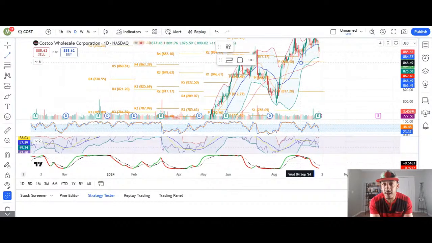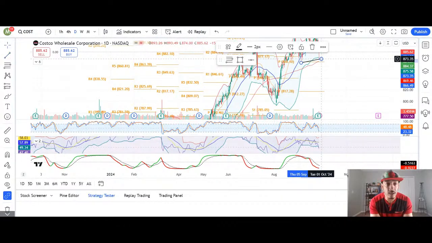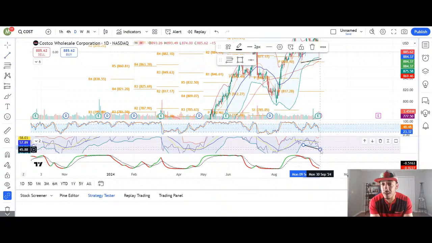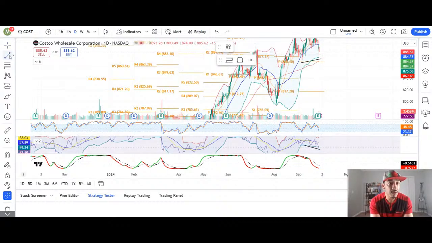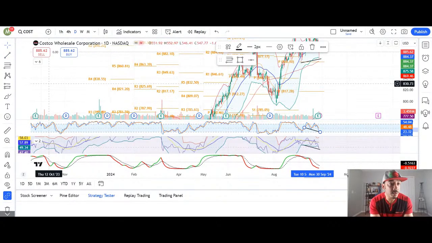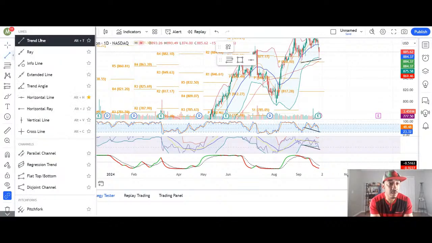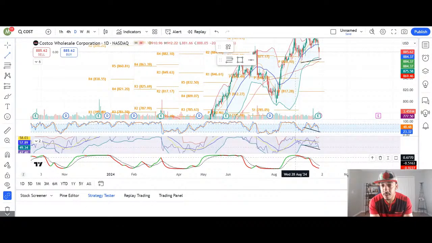But we got higher lows on Costco, and we got the indicator making lower lows. We got this indicator too, from here to here, making lower lows. We got this indicator here, making lower lows.